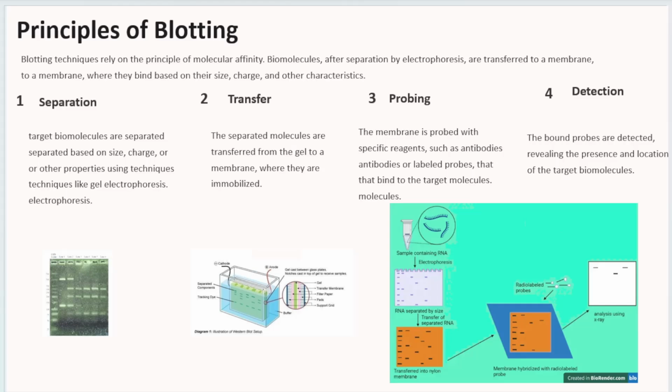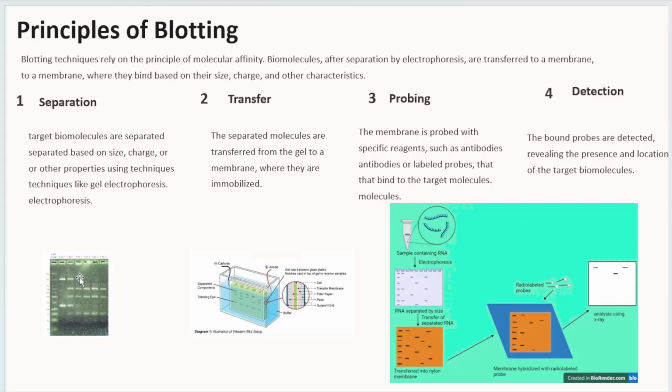The DNA or RNA is separated based on their size. We know molecular markers are there, and we get the separated bands formation. At the same time, RNA also separates through the same process, and the proteins are separated through polyacrylamide gel electrophoresis.